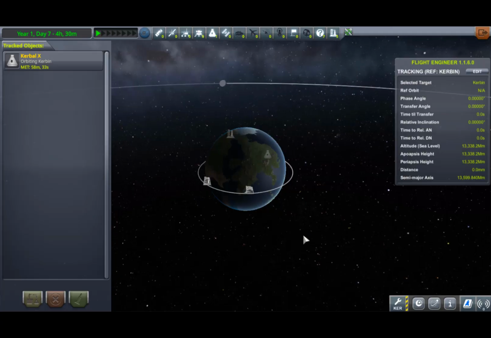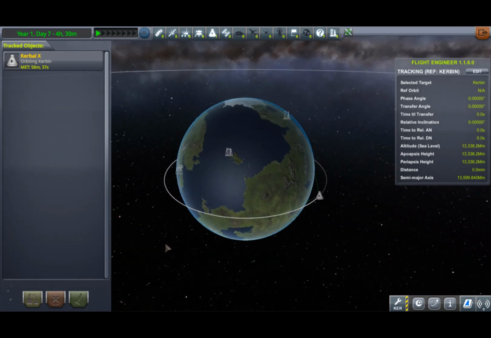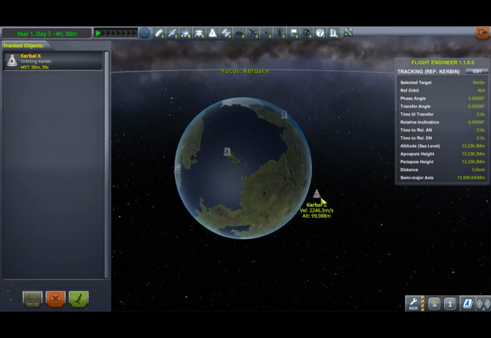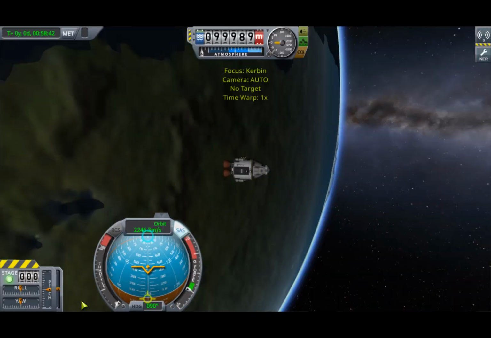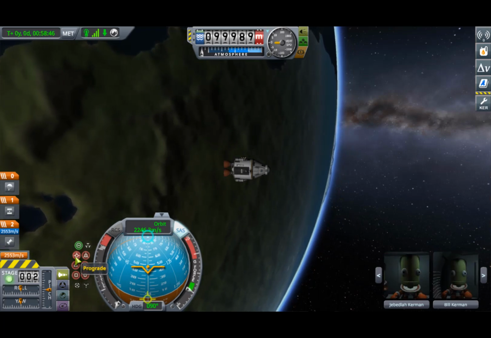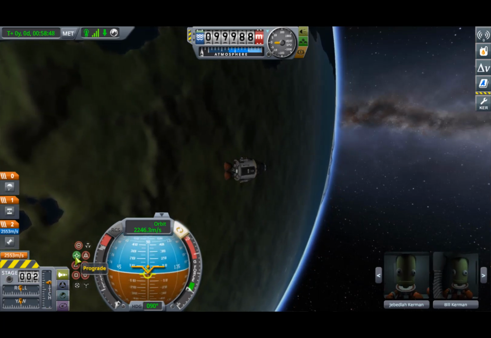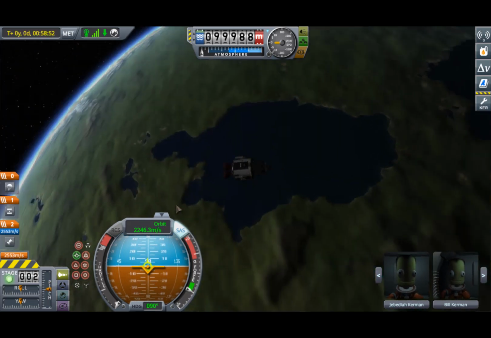Let's go back in the game simulation and see if our transfer orbit looks right. We'll need to add a maneuver to fire the rocket prograde, meaning we'll increase our velocity in the direction we're currently headed.